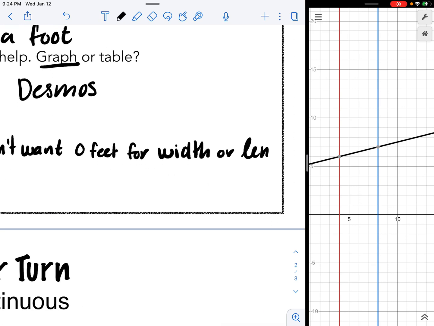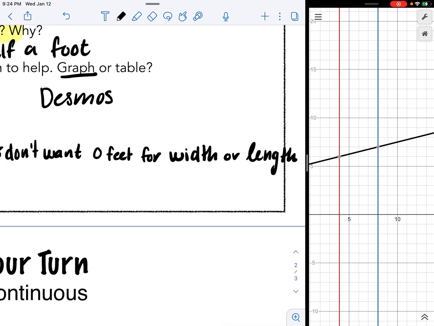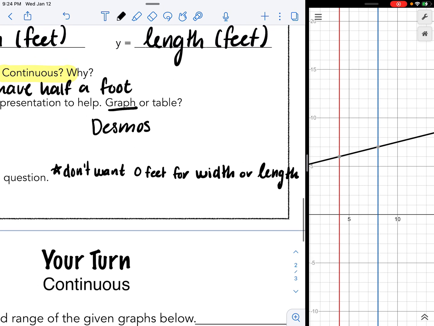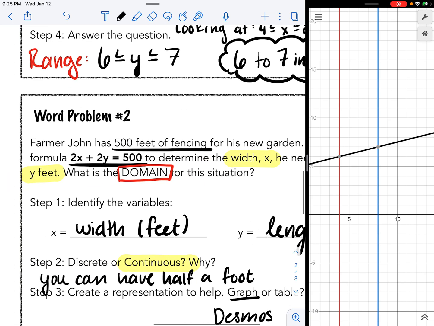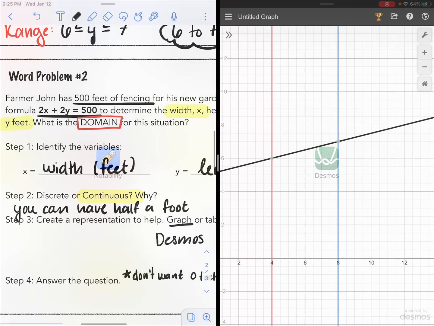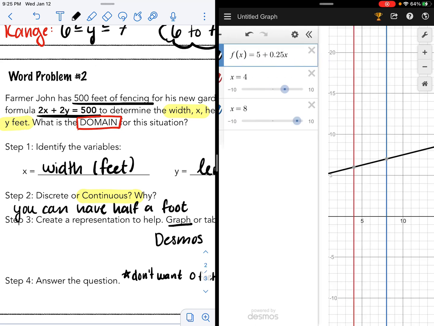Or length, right? We can't have your garden have 0 feet for the width or length. That means the whole thing would just be one stretch of fencing. So we can't have that. So keeping that in mind, let's go ahead and graph our new function over here.